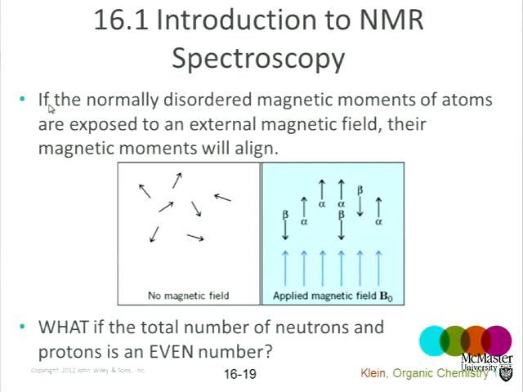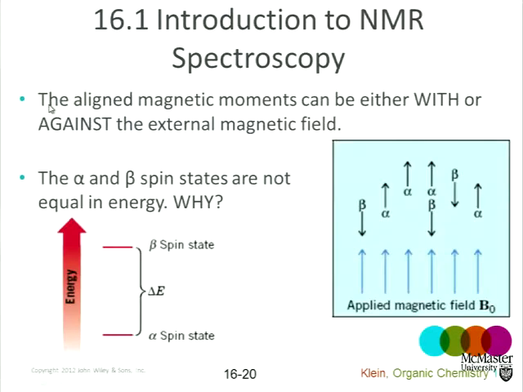And this is true for both protons and carbon-13 nuclei. So we have an energy gap, and we can essentially excite the nuclei through the spin transition from alpha to beta by applying exactly the right frequency to make them hop up the energy gap. Too little energy, nothing happens, no absorption.